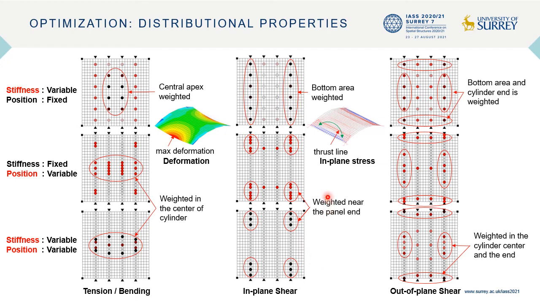This gives the bottom and the second panel a stacked beam effect. Further, for the variable position problem, the weighting parameter is concentrated near the panel end. The out-of-plane shear is weighted at the bottom center and the cylinder end.